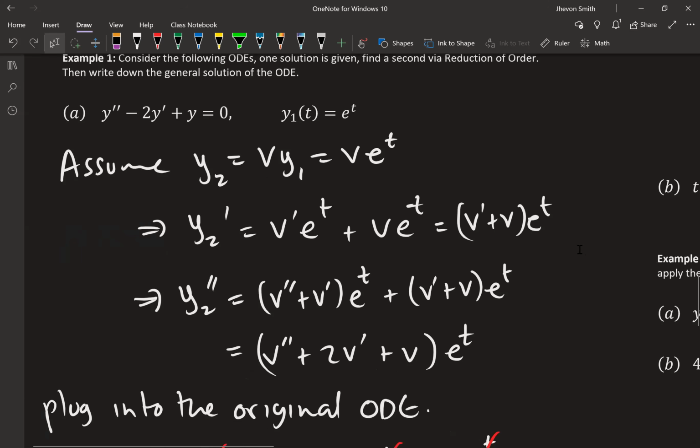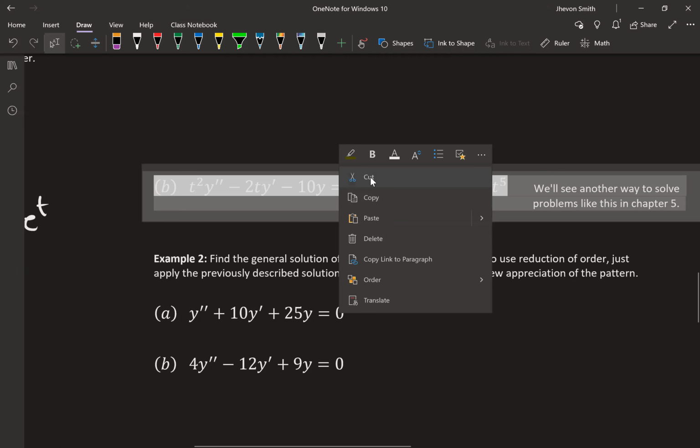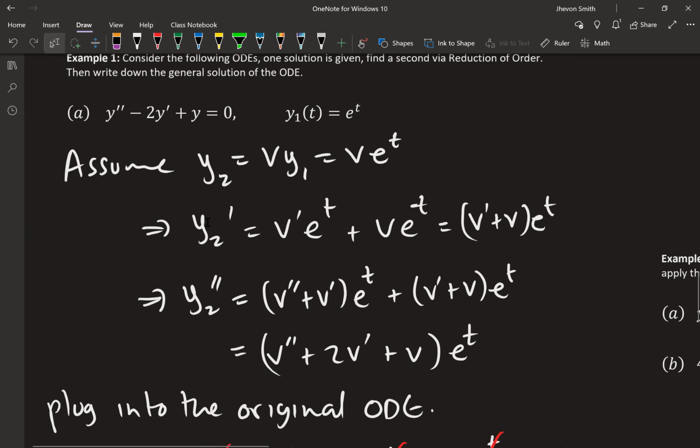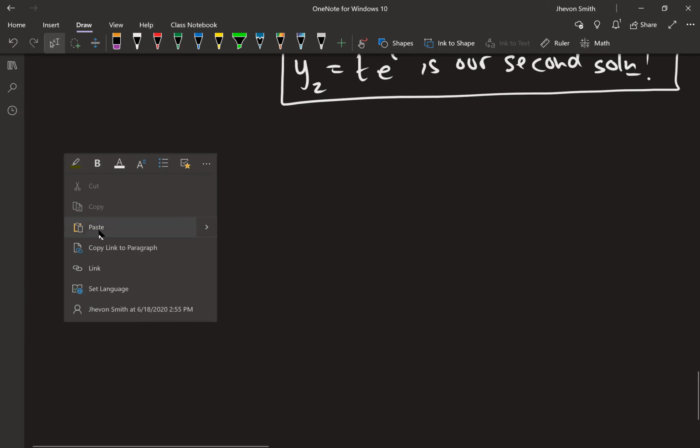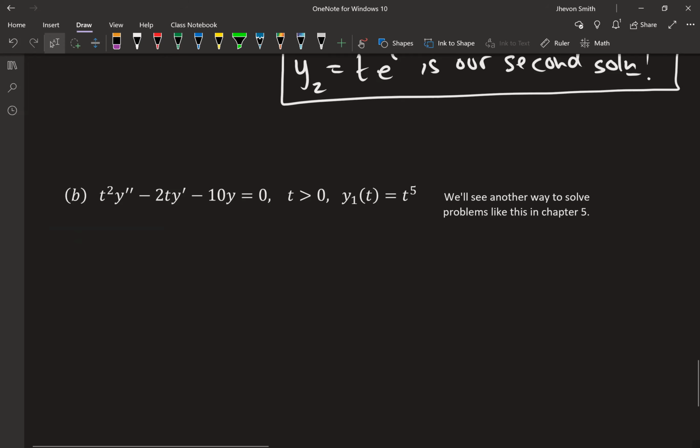Now, it's not always as obvious when you don't have constant coefficients. So if you look at this example over here, notice that we don't have constant coefficients. I have t squared y double prime minus 2ty prime minus 10y.